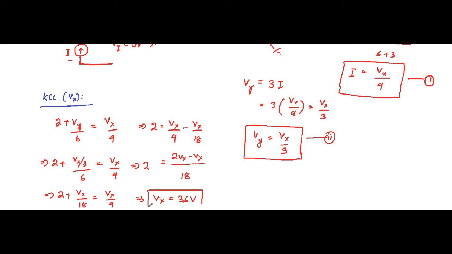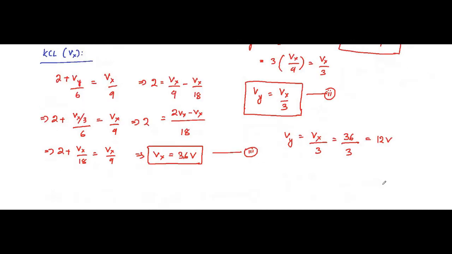So we got Vx is equal to 36 volt, and Vy is equal to Vx by 3, that is 36 by 3, that is equal to 12 volt. Vy is equal to 12 volt.